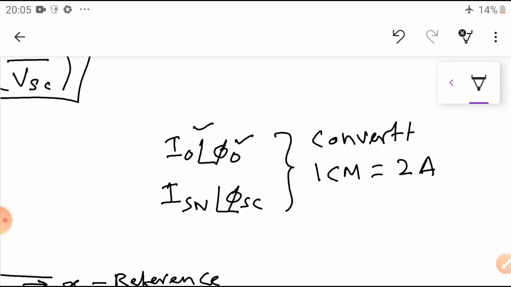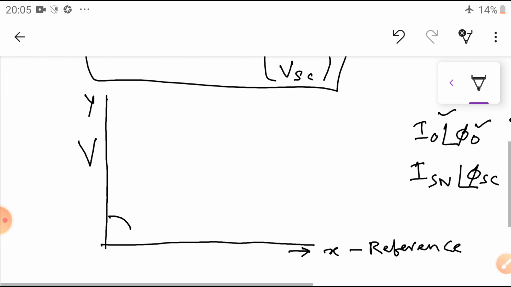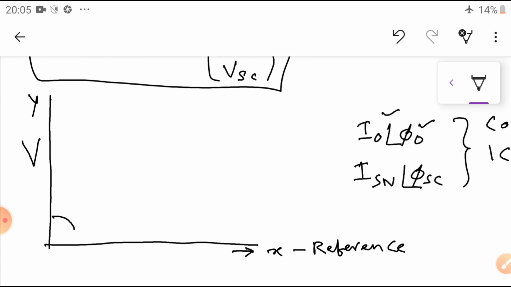Similarly, convert the power scale also. First we take I0, and based on its magnitude I get this point, taken as point A, with this angle phi 0.